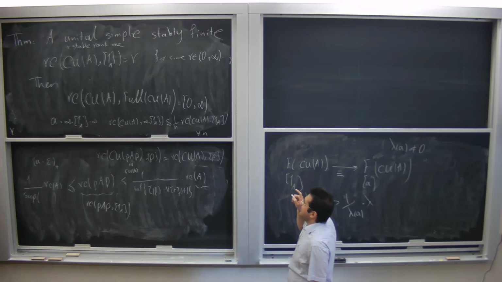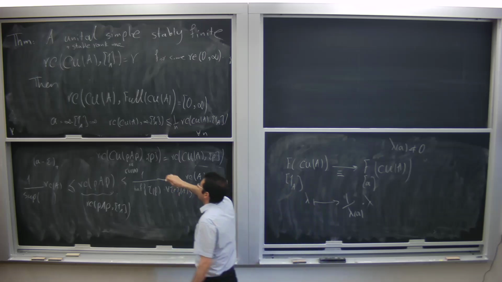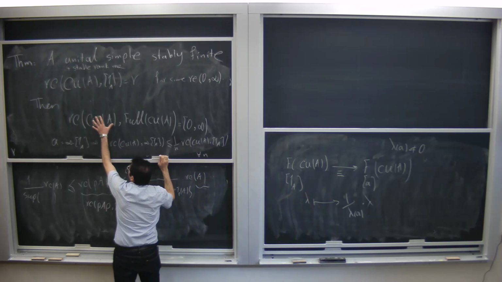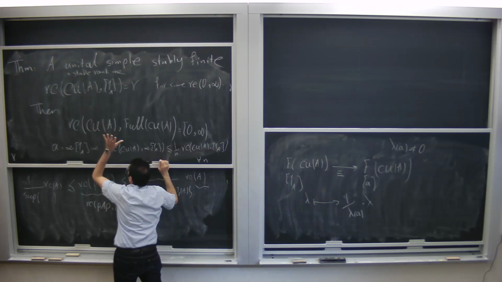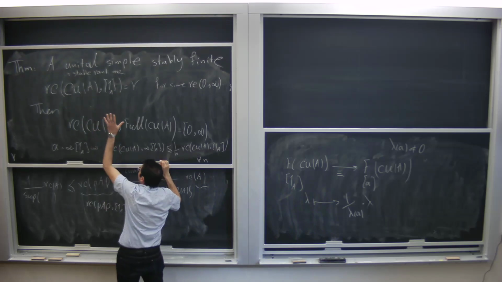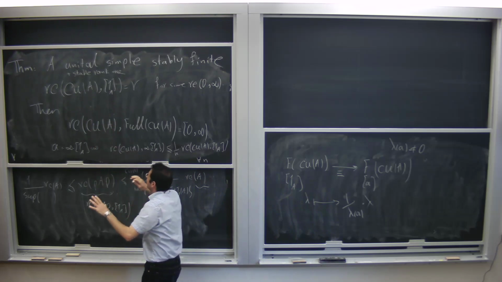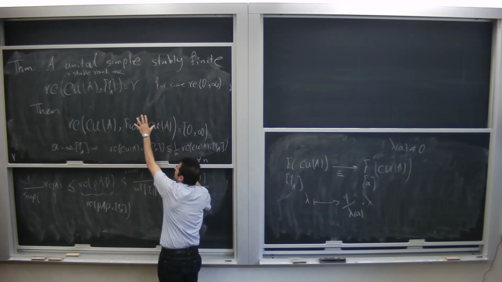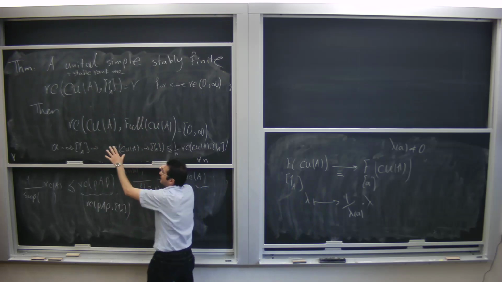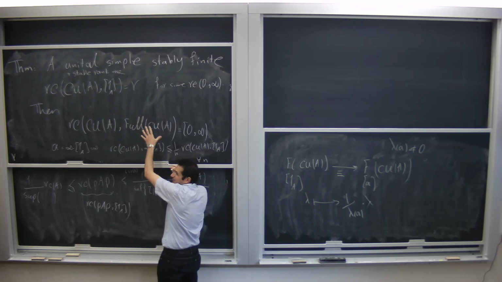No, I don't say anything about the level of the algebra because the C-star algebra is fixed here. I have just one C-star algebra, which is A, and I only consider CU of A. The thing is that I'm changing these full elements, and I'm considering the relative radius of comparison with respect to full elements.